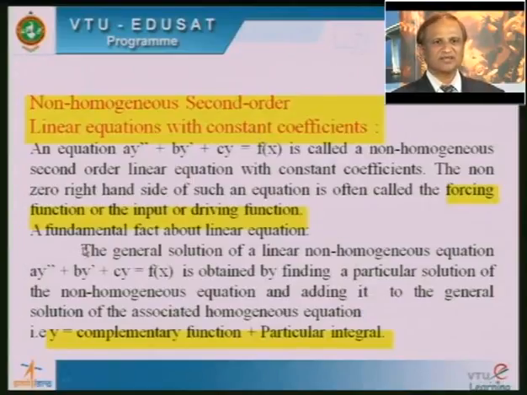The fundamental fact about the linear equation is that the general solution of a linear non-homogeneous equation of this type is obtained by finding a particular solution of the non-homogeneous equation and adding it to the general solution of the associated homogeneous equation.